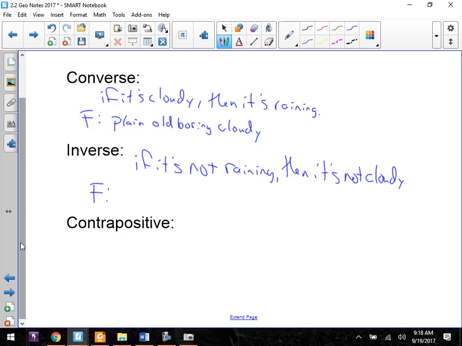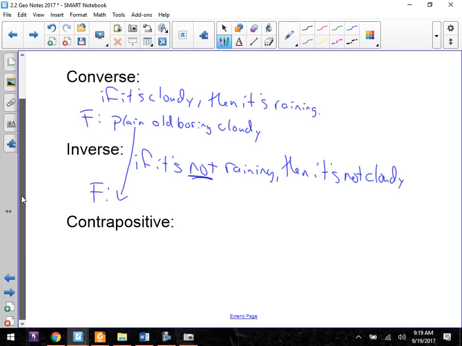It's the idea: if it's not raining, then it is not cloudy. That just means it could just plain old be boring cloudy. You have to have the word "not" in here. Remember, it's not P, not Q. All right. I can use the exact same thing here.